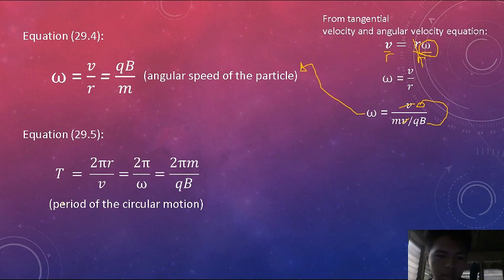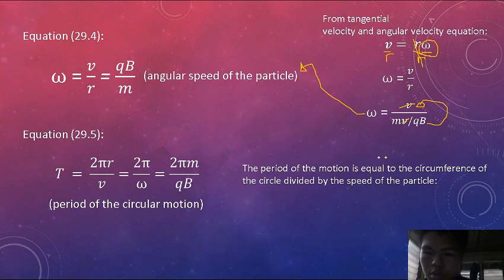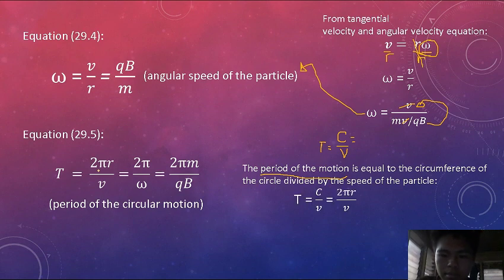And we can also find the period of the circular motion. So the period of the motion T is equals to the circumference of the circle divided by the speed of the particle, in which the circumference of the circle is equals to 2 pi r. Diba?